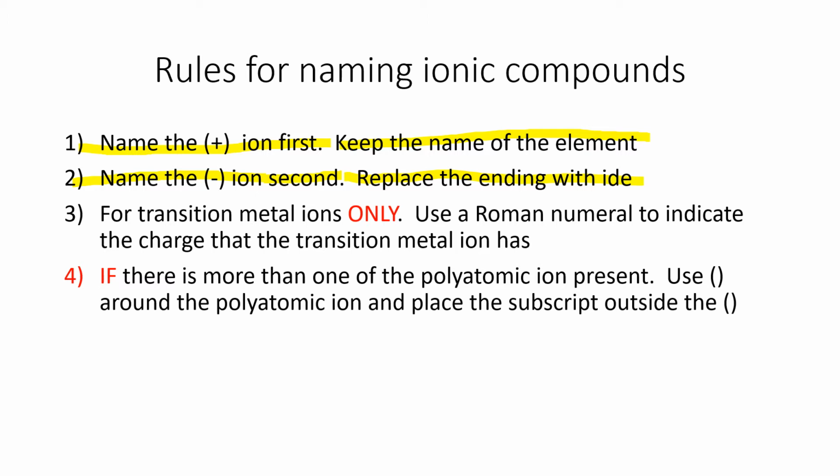We'll have some special rules for number 3, dealing with transition metals. We're going to use Roman numerals to indicate the charge, because remember, those can have multiple different charges. And lastly, we'll deal with the polyatomic ions, which are going to take some special rules. We'll see parentheses used in order to group them effectively.